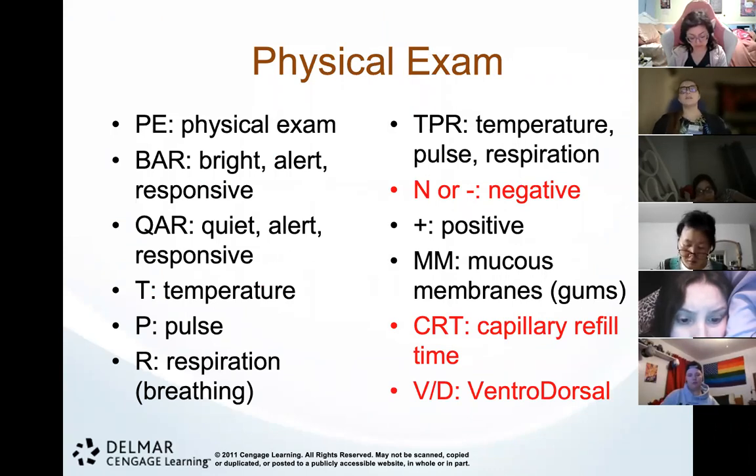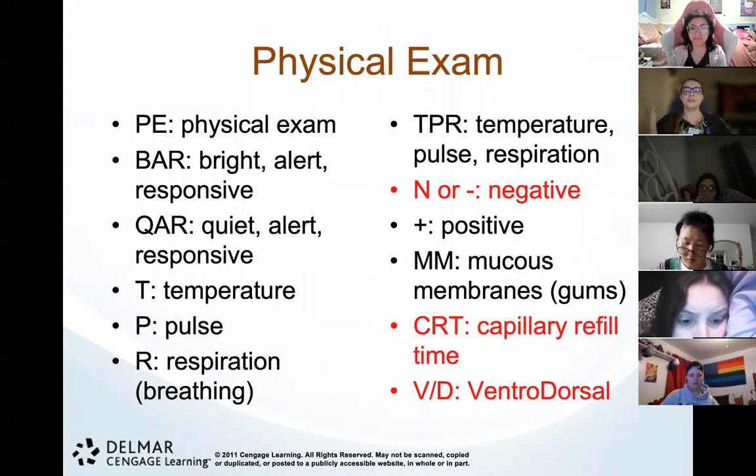We know mucous membranes are our gums. So the color and the moisture, which is MM. Then with mucous membranes, we're usually going to be taking a CRT, which is a capillary refill time. So when we look at the gums, we're going to press on the gums and then release the pressure. When you press on the gums, they'll become white.